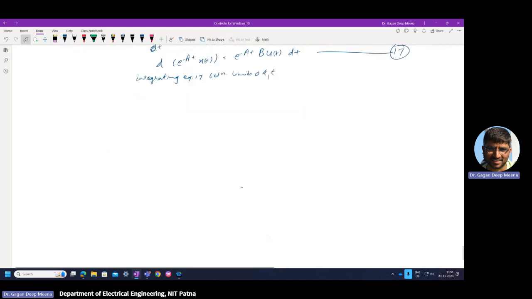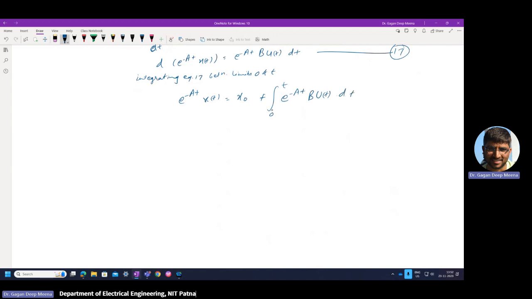so if we do this, then we will get the expression for e to the power minus at x of t, which will be equal to nothing but x of 0 plus the integration over 0 to t of e to the power minus at b u of t dt.